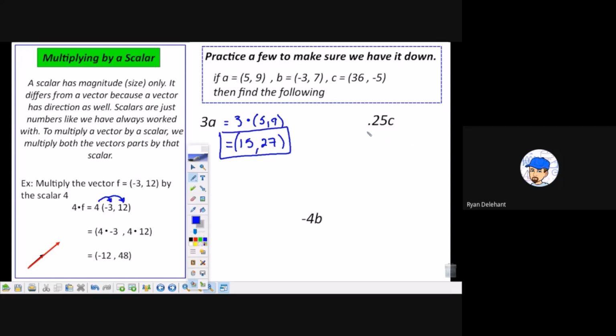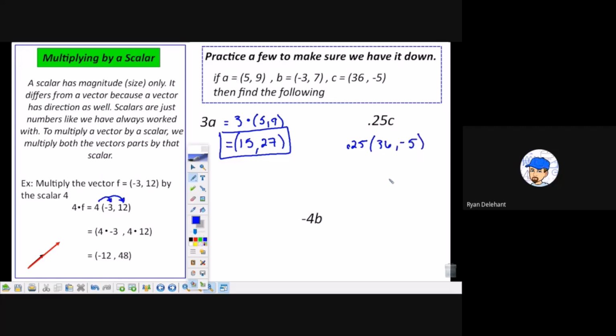0.25c. When we multiply by a fraction, we're actually dividing. So technically right now we're dividing the vector by a scalar, but we're going to relate it back to multiplication, okay? So 0.25 times c, so that's 36 and negative 5.